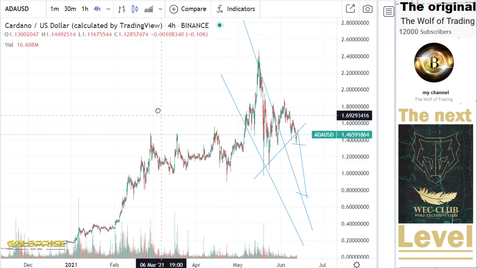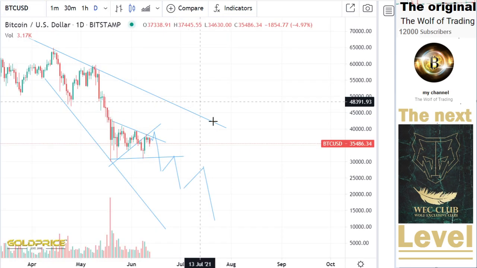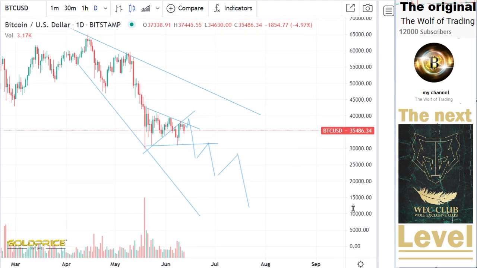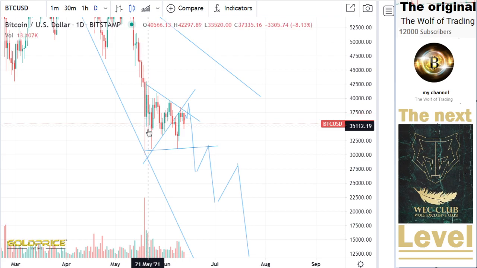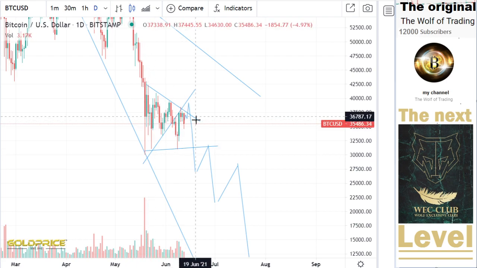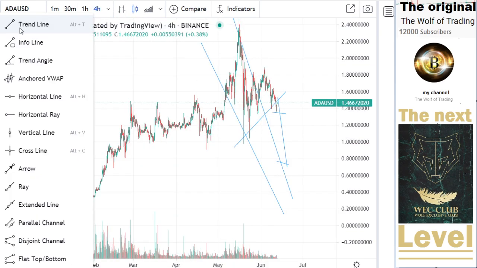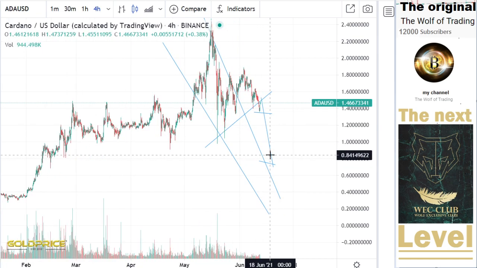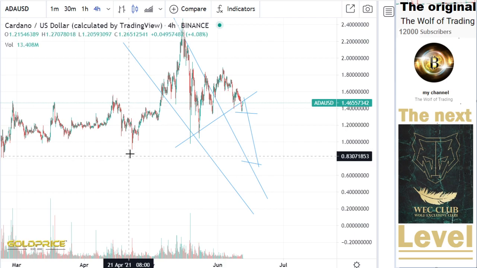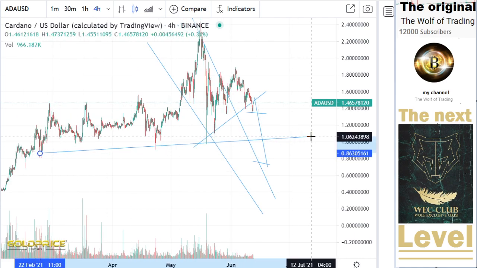Again, what I said last week, at the Bitcoin price, we have the situation that we test this level here one time, two times, three times, and this time I think we will go to the downside. Let's look at the other coin, and you can see we have a similar situation here. We have this trend line.